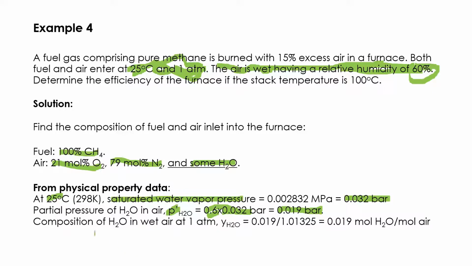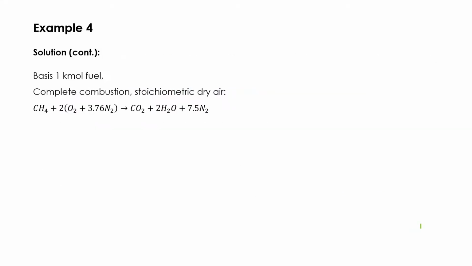So the composition of water in wet air at 1 atm then becomes 0.019, the partial pressure of water divided by the atmospheric pressure, which is 0.019 mole of water per 1 mole of air. This is how we find out how much water enters together with the air to the furnace.